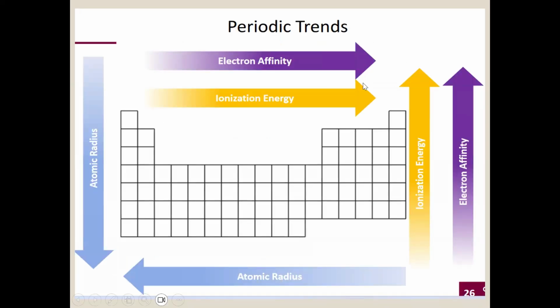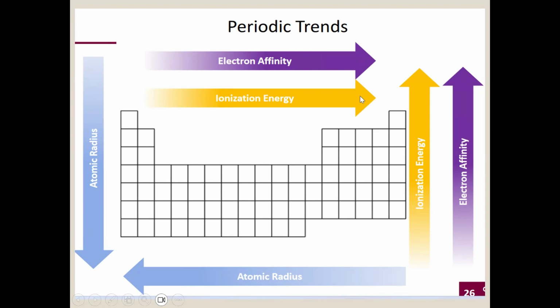Summary of the periodic trend. The arrow refers to the direction of increase of the trend. Down the group, atomic radius increases, and ionization energy decreases, electron affinity decreases too.